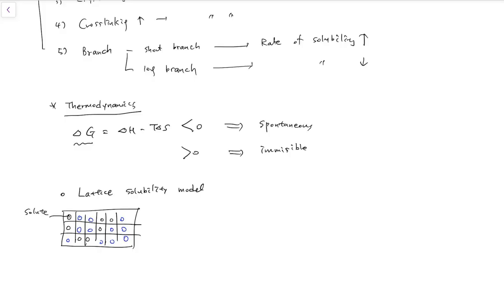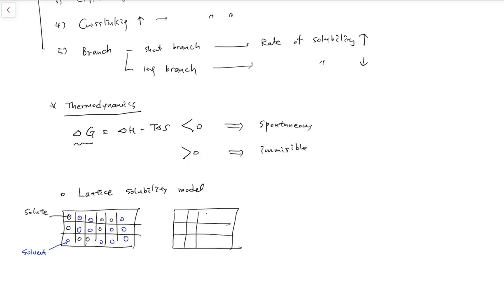The blue one is solute, and the other one is solvent. By putting solute and solvent molecules in a certain kind of lattice, this model tries to calculate if they can mix together or not.